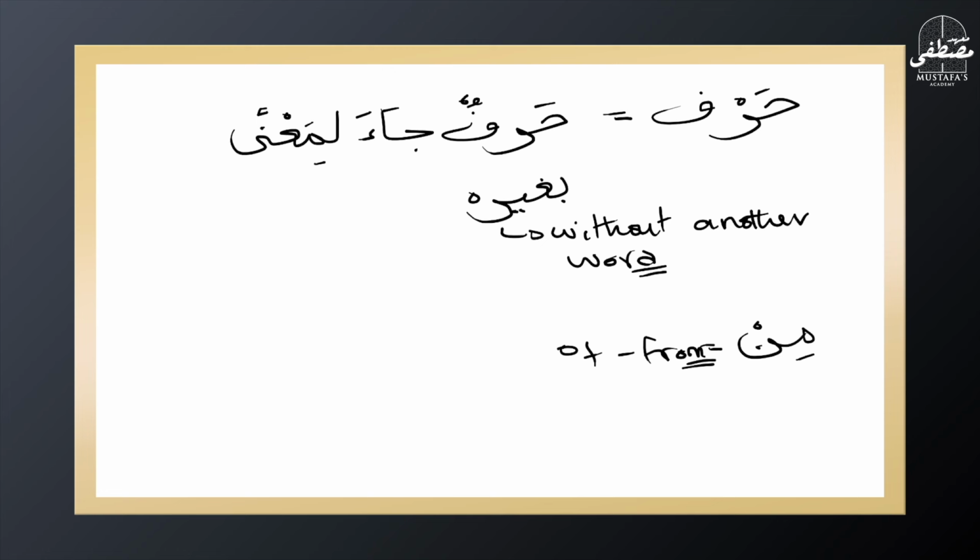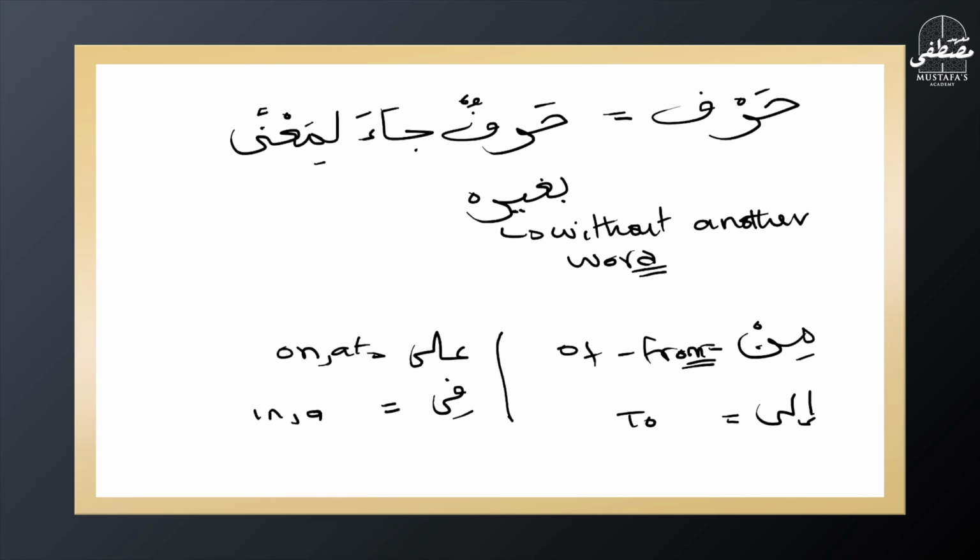Ila means to, for example, to somewhere. Maybe you have the word ala. Ala means on. It can be another, maybe at, isn't it? And fi like this can mean in, can mean at as well.